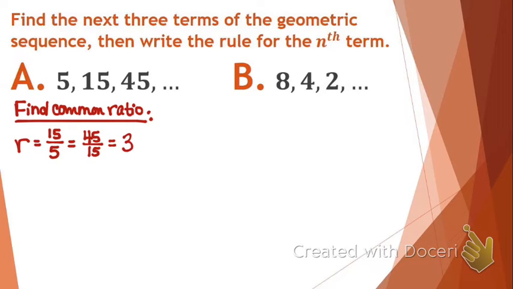So we have the first 3 terms. We're supposed to find the next 3. So what would the 4th term in this sequence be? 135. We're going to do 45 times 3, which is 135.